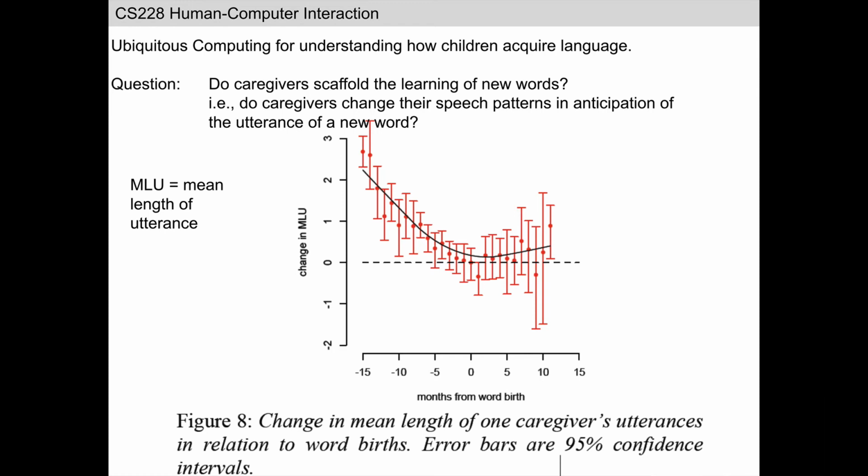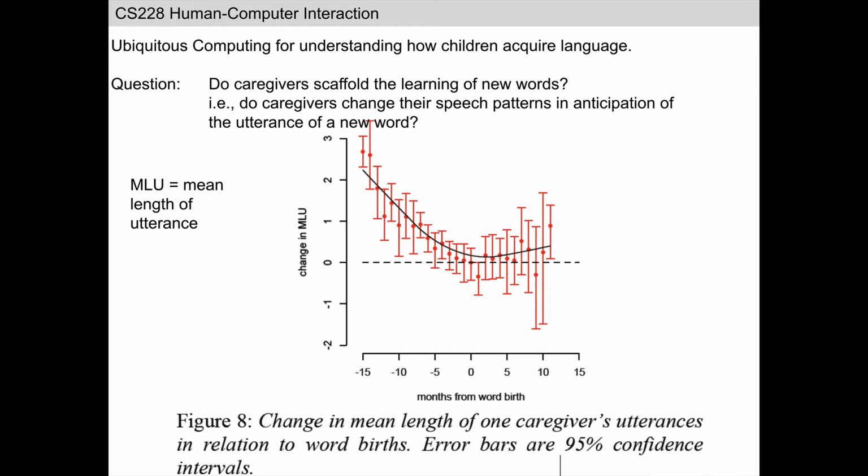Another way of asking this question is, does the child teach the caregivers how to scaffold the child? Are the caregivers altering their behavior in support of language acquisition? And as you can see in this plot, the answer seems to be yes, again, at least for this child.